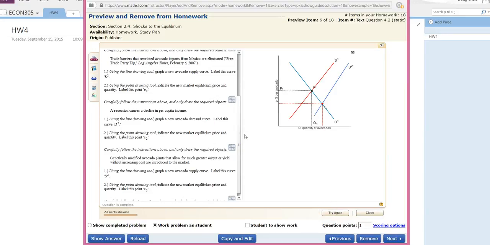This is a positive supply shock, so if the supply increases, what should we expect for the price? Obviously the price should decrease and the quantity should increase, and that's exactly what happened here. Compared with E1, E2 has a lower price but a higher quantity, and that's a supply shock.